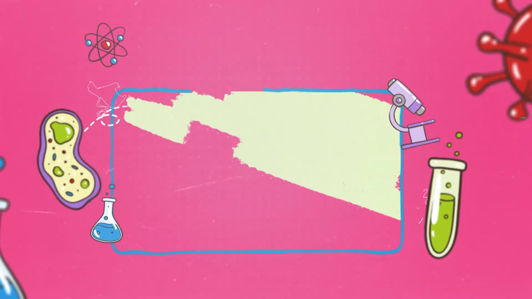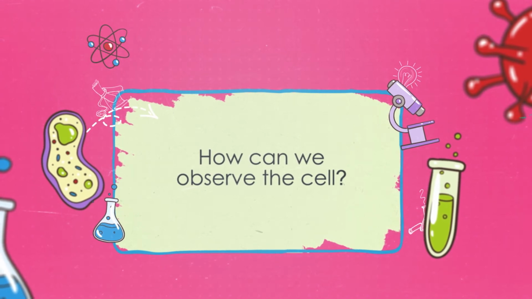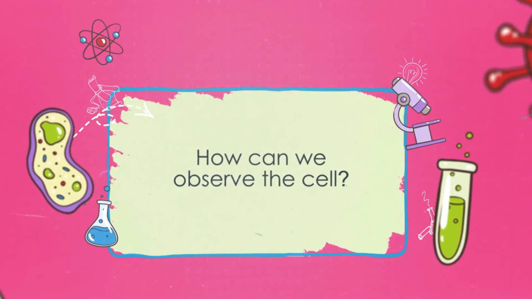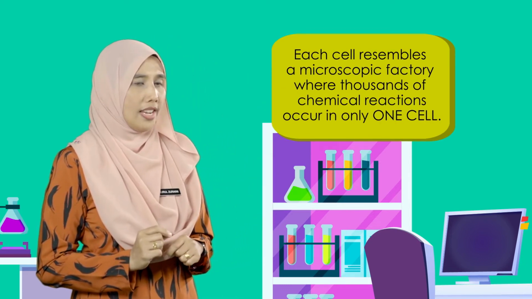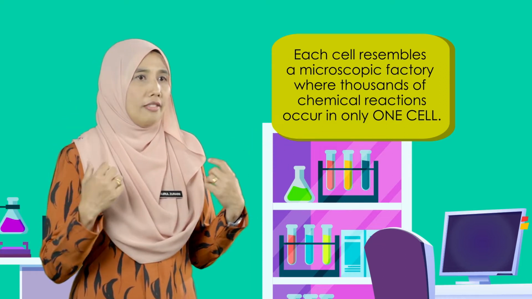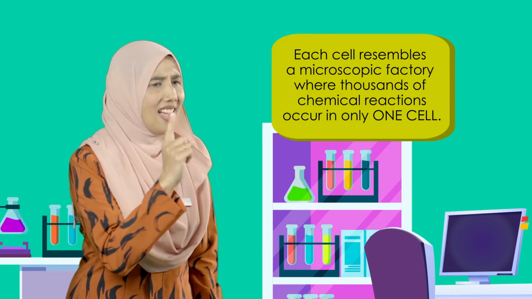So, how can we observe the cell? Yes, correct. We can observe the cell by using a microscope. Boys and girls, although the cell is very tiny and is a basic unit of a complex organism, did you know that each cell resembles a microscopic factory where thousands of chemical reactions occur in only one cell?